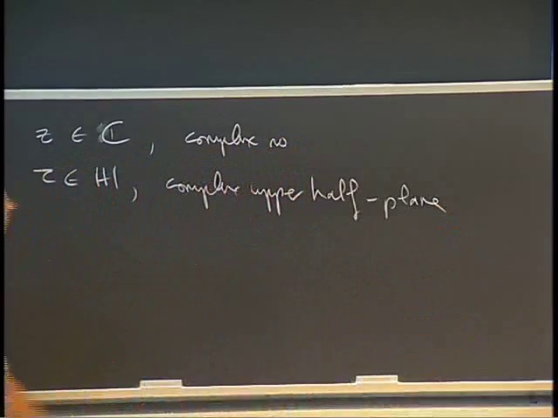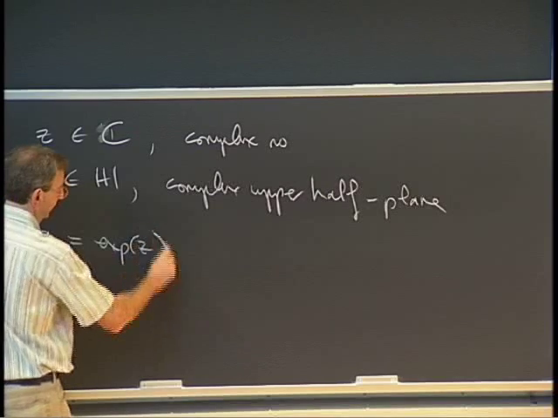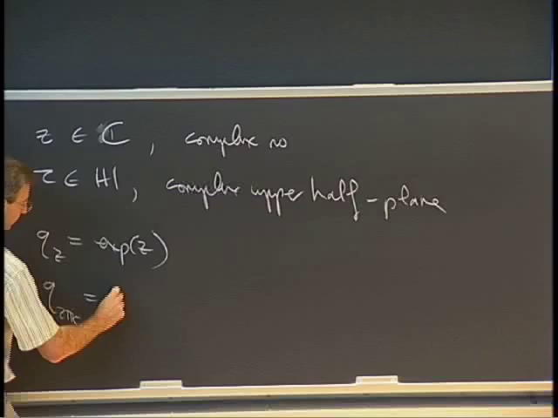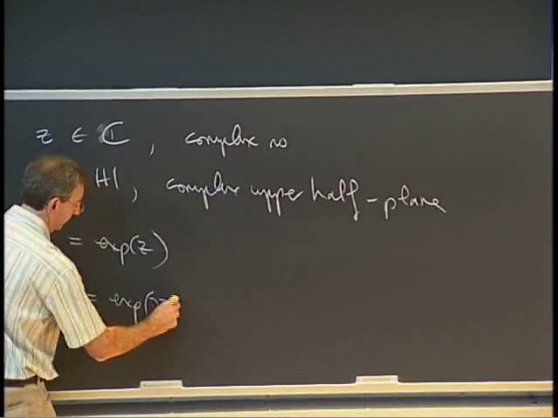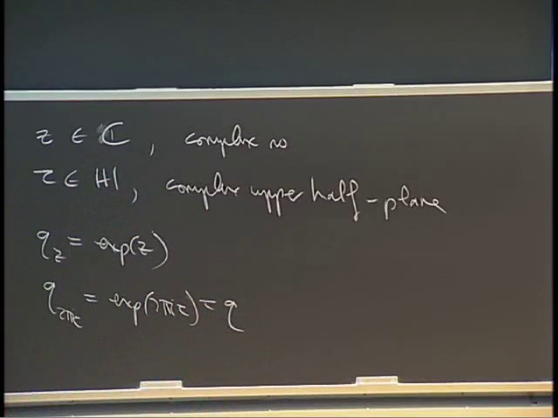I'll also introduce the notation q_z, which is just a shorthand for the exponential of z. And q is the exponential of 2 pi i tau, which I'm just going to call q. So throughout the first part of the talk, these variables q_z and q are going to appear all over the place.